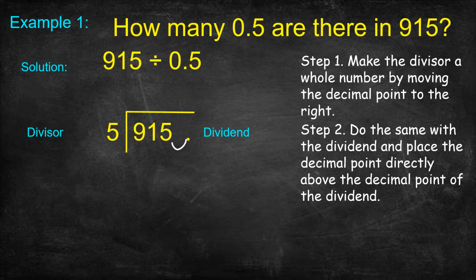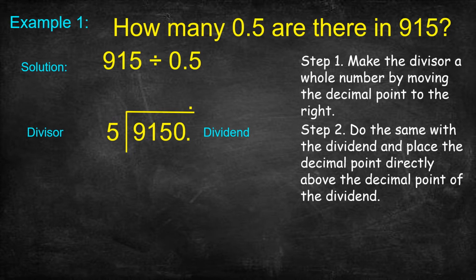At kapag nag-move tayo at there is no number, we have to put there 0. Okay, so now, pwede na nating ilagay yung ating decimal point directly above the decimal point of the dividend. So, yan po, katapat ng ating decimal point sa ating dividend.